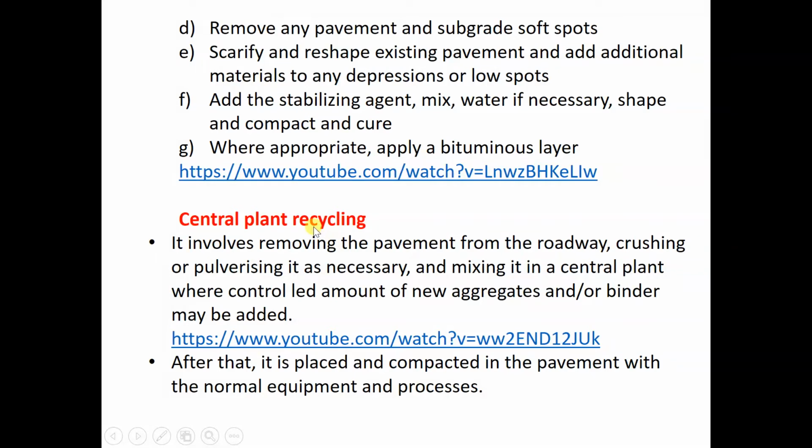I think for the central plant recycling, it means that the recycling products can be used differently for different projects as well. It doesn't mean it has to be from that original position.